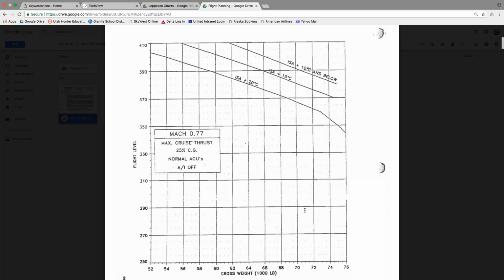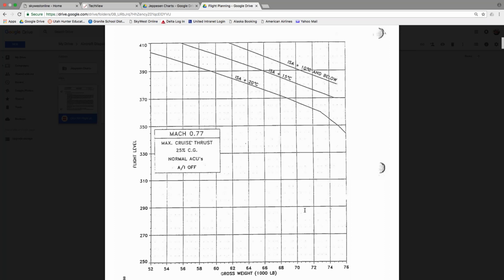So I'm going to draw it out on here, just in case you can't see it over there. I'm going to write out the weights: 60,000, 62, 64, 66.